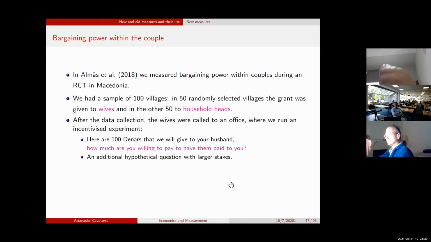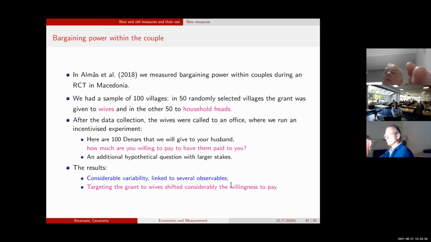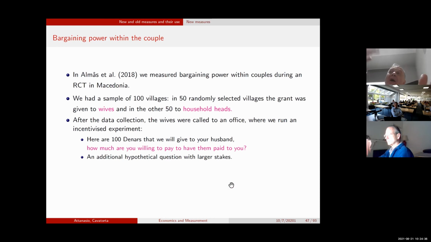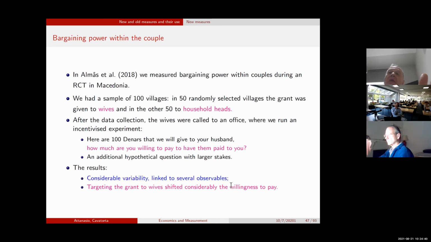So we try to identify where the indifference point is. And then we pay randomly one of these 10 or 15 choices. What we get is that there is a lot of variability in these things. It's linked to a bunch of observable variables, in particular the ethnic and religious tendency of these populations.